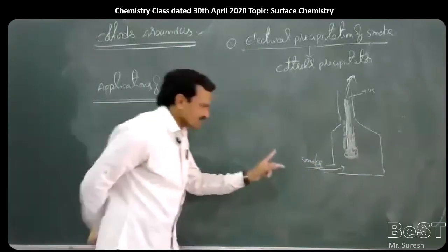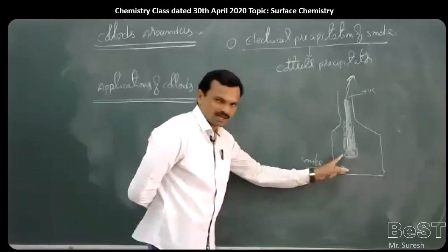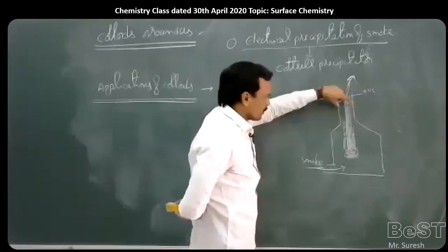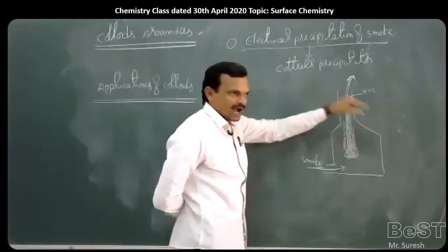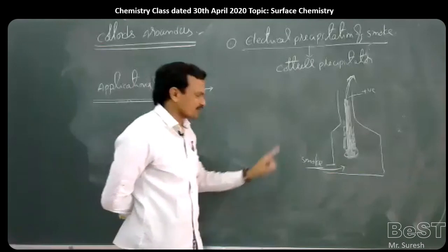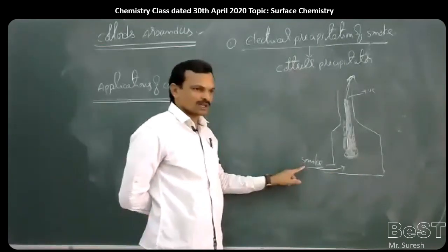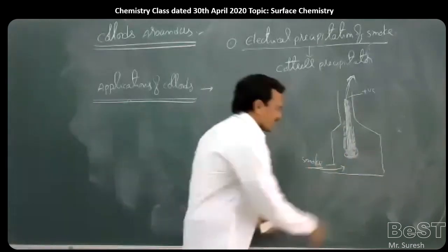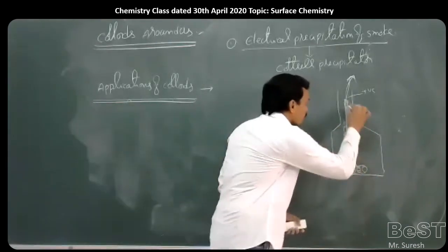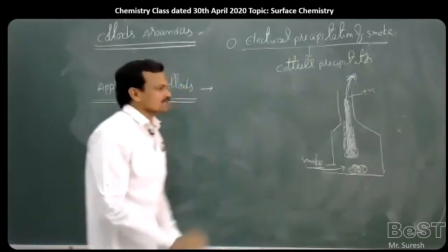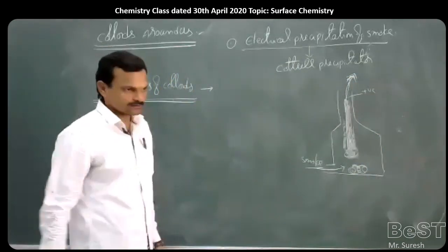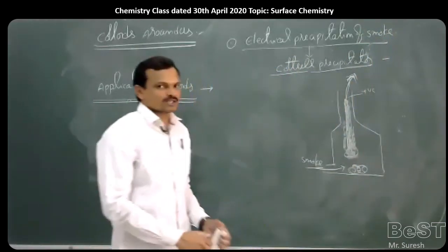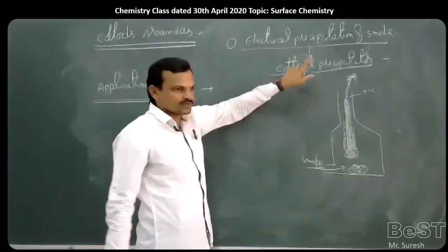So the smoke coming from the industrial exhaust is not released directly into the atmosphere. In the chimneys, they place electrodes, and these electrodes neutralize the dust particles as well as smoke particles. Thereby, they get deposited on the surface of the electrodes, or collected at the bottom. The remaining gases coming out of the chimney are free from carbon and dust particles. This device, used for separation of dust and carbon particles from smoke, is called a Cottrell precipitator.